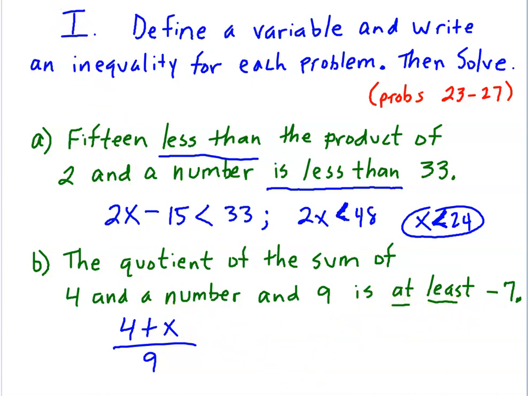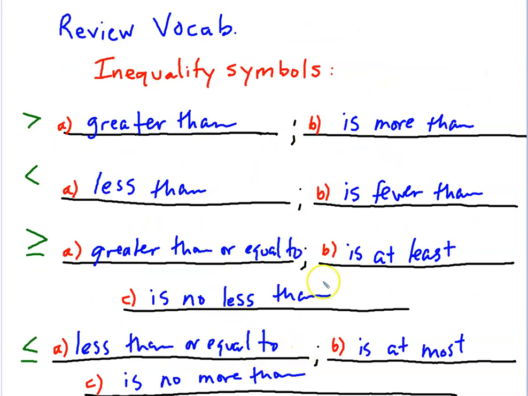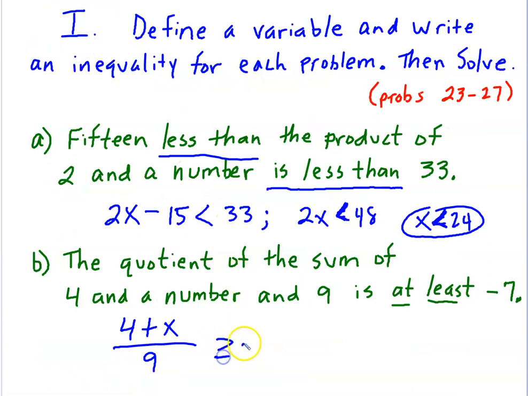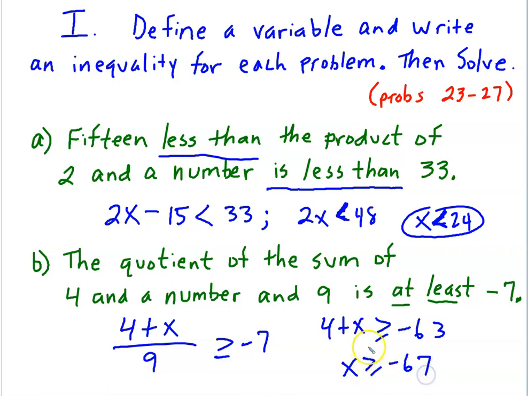So remember, going back to our previous slide, we said is at least is another way of referencing greater than or equal to. And now we solve it by multiplying by 9 on both sides, and then we would subtract 4 from both sides, and we get our solution.